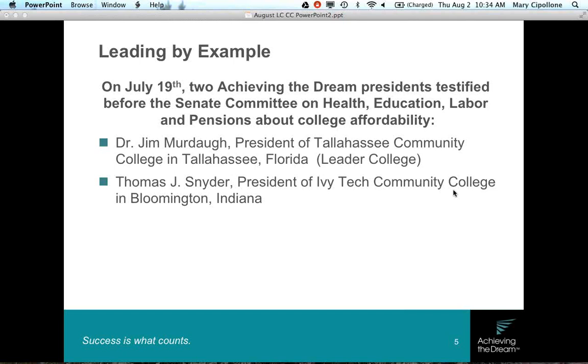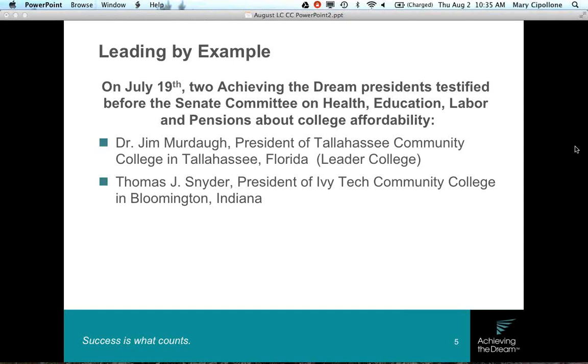And he mentioned that it was roughly the same time that they had joined Achieving the Dream, and they also had set a number of goals, just like all of you did, to try to improve their student success and completion rates.